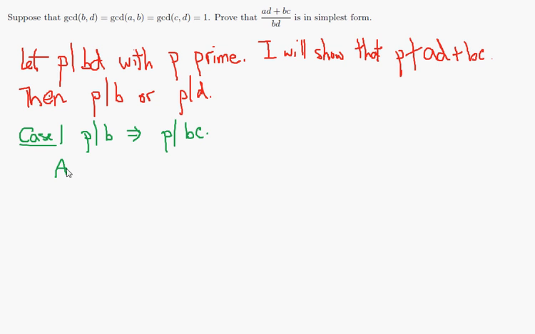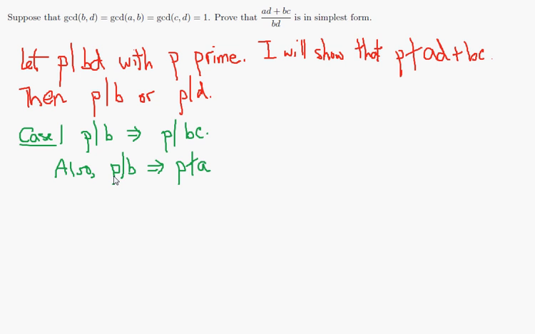Also, if p divides b, that implies that p does not divide a. And the reason is because the greatest common divisor of a and b is equal to 1.